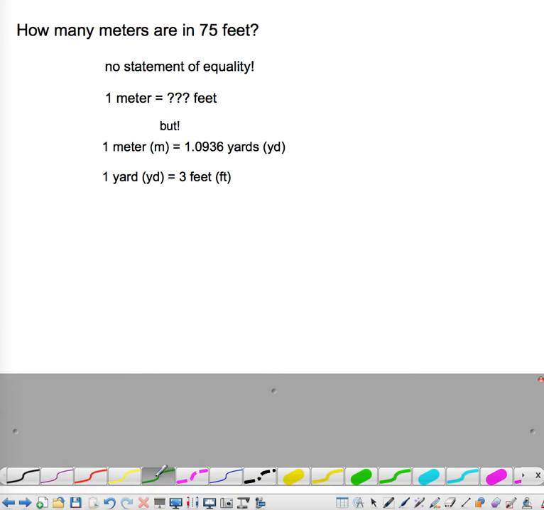I'll begin by writing the measurement in the unit I'm given, 75 feet over 1. I will then multiply that by a fractional conversion factor that lets me convert from feet to yards. Feet goes in the denominator, yards goes in the numerator. 1 goes with yard, 3 goes with feet.